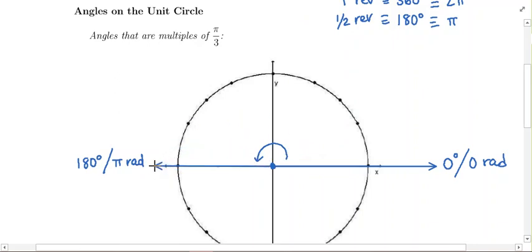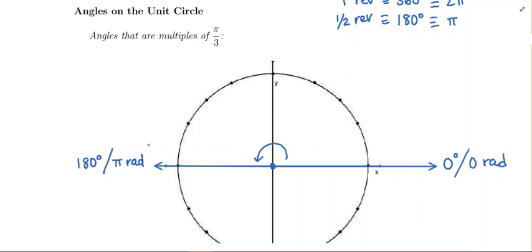That's what we've learned so far. For the top half of the circle, if you rotate from the initial side half a revolution, that's 180 degrees or pi radians.